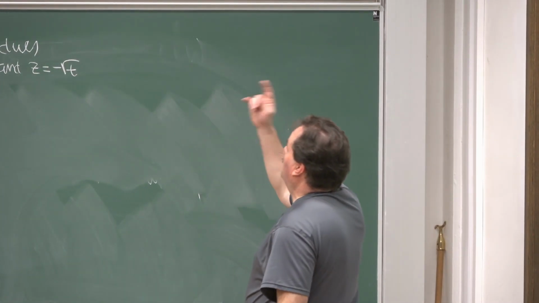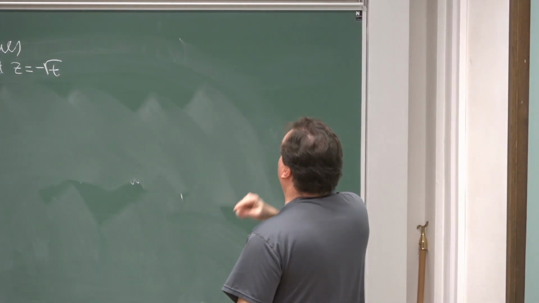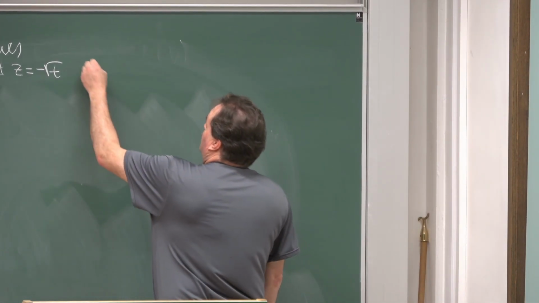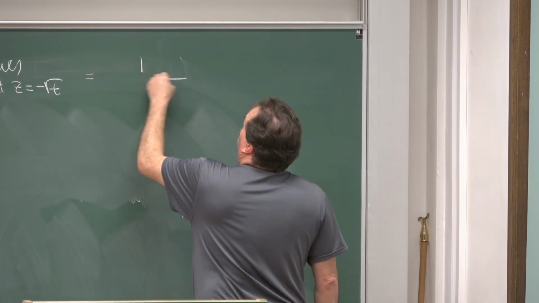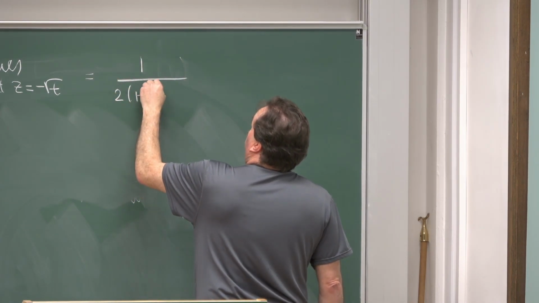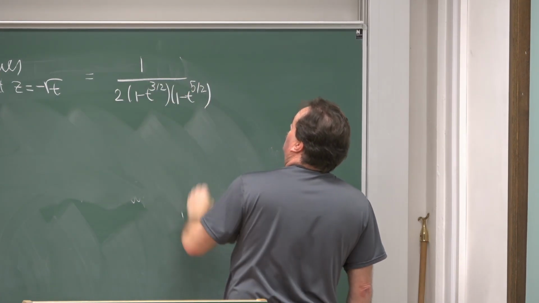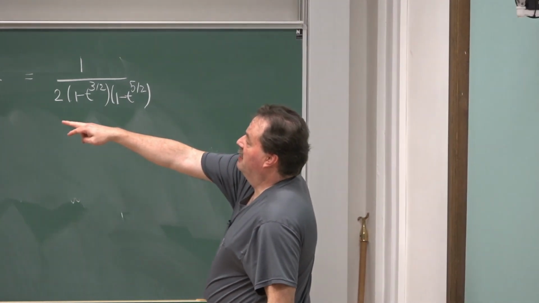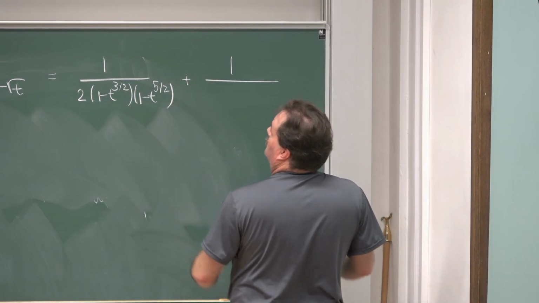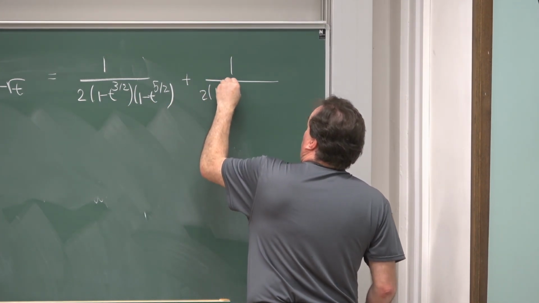So you multiply with z minus square root t, and then you take the limit z goes to square root t, and after some cancellation, what you get is something like 1 over 2, (1 minus t to the power 3 over 2)(1 minus t to the power 5 over 2). So that's the residue at z is square root t, and the residue at the other one is the same, but we have plus signs here.